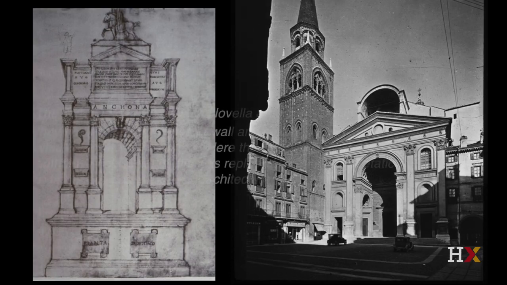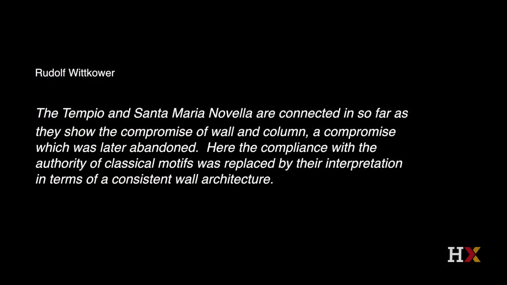Here's Wittkower. The Tempio and Santa Maria Novella are connected, insofar as they show the compromise of wall and column, a compromise which was later abandoned. Here, the compliance with the authority of classical motifs was replaced by their interpretation in terms of a consistent wall architecture.